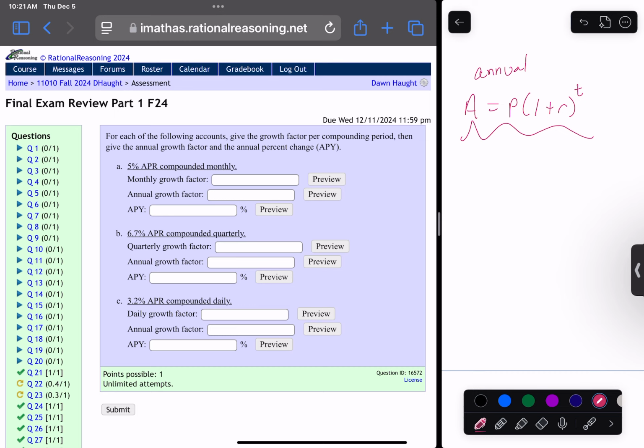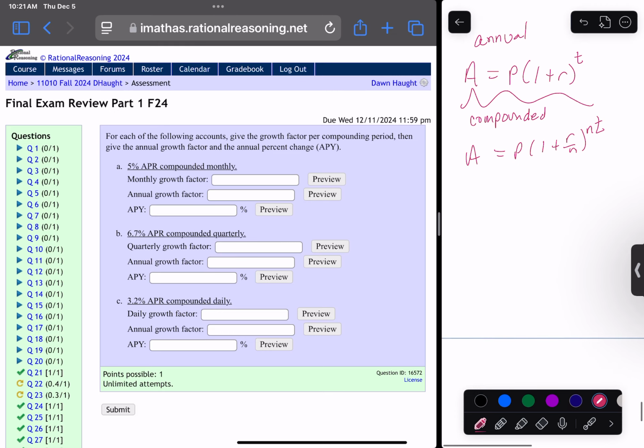But if it's compounded at different times, we do need the n. I'm sorry. So let's put the n on. Okay. So those formulas definitely you need to know. Okay, so the monthly growth factor, I'm going to try it 2 different ways.